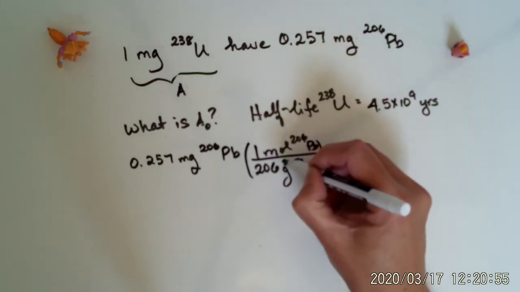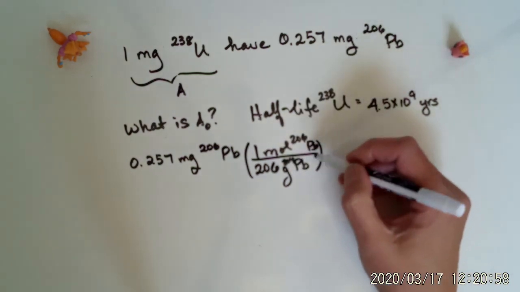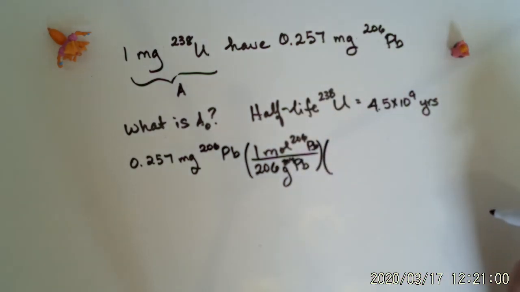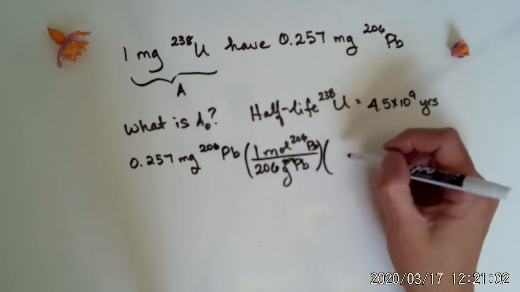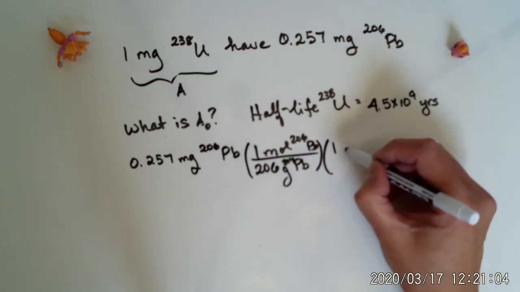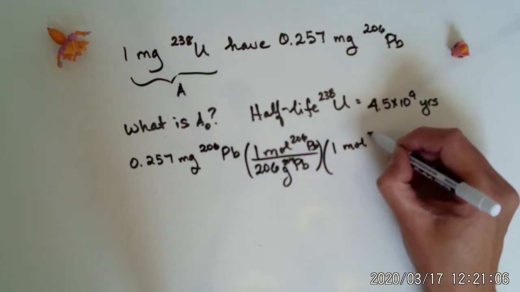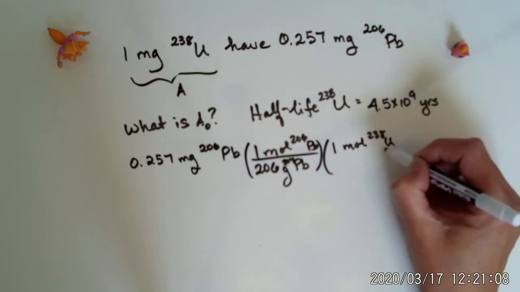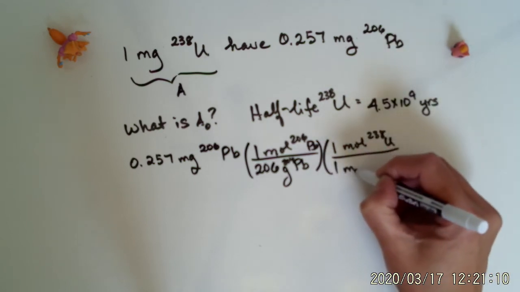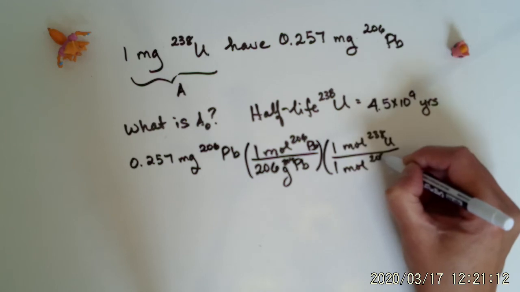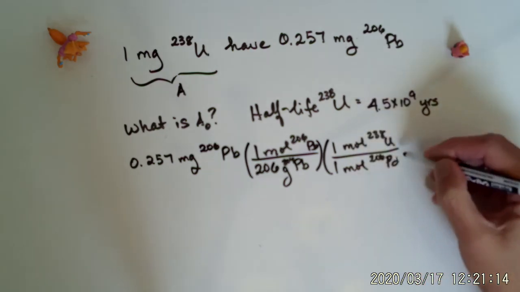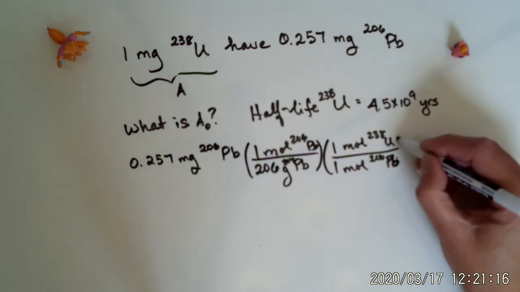The reason I keep repeating this is because that mass is specific to this isotope. We know it's a 1-to-1 ratio between uranium-238 and lead-206, based on the previous discussion of our decay chain.